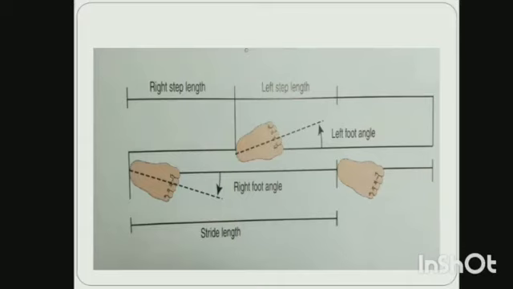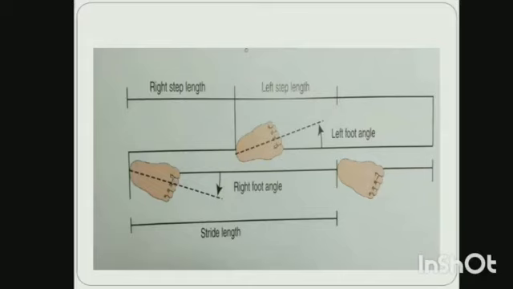You can see the right foot angle and left foot angle, which is called the degree of toe out, and it can be defined as the angle formed by each foot's line of progression and a line intersecting the center of the heel and second toe. For a man it is normally 7 degrees, and the degree of toe out decreases as the speed of walking increases in a normal man.